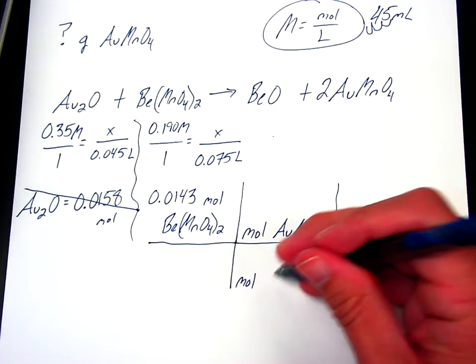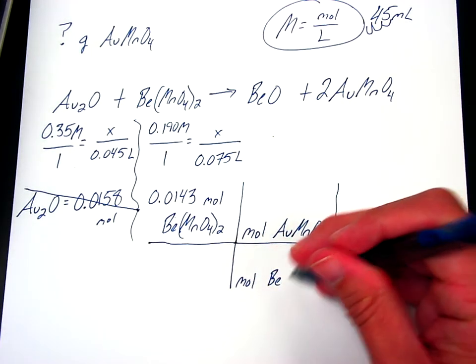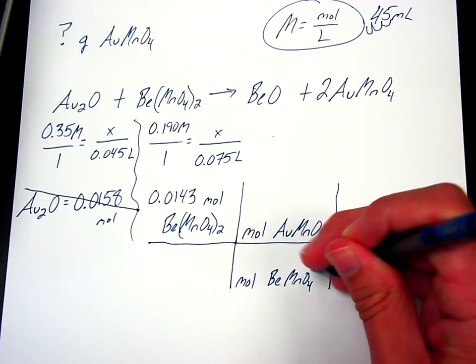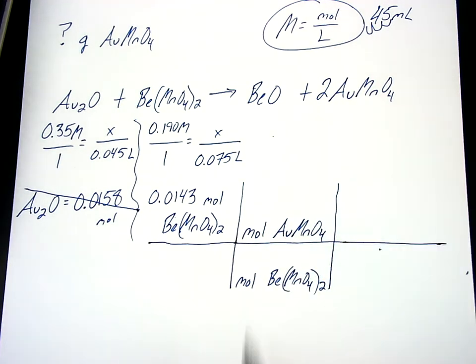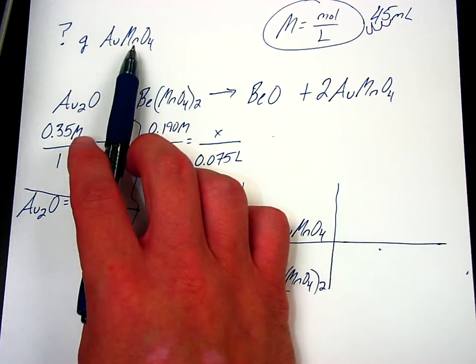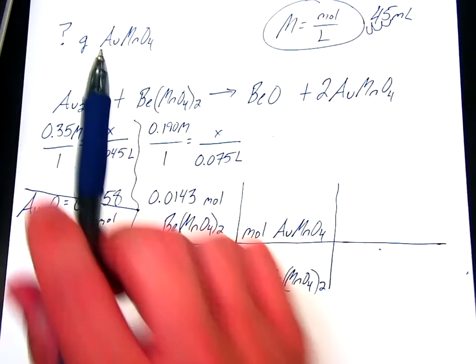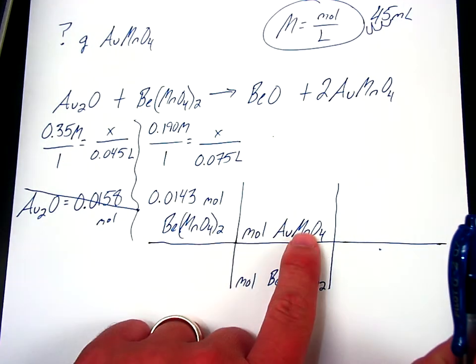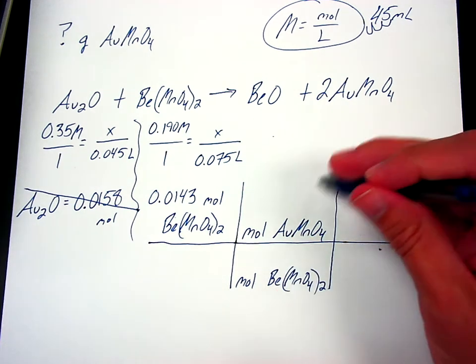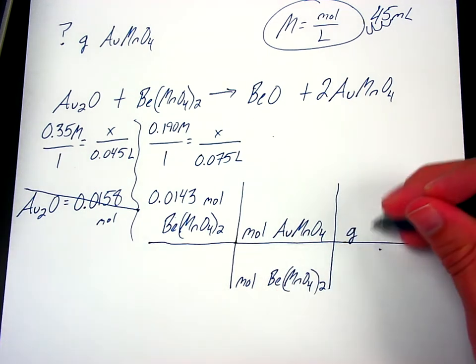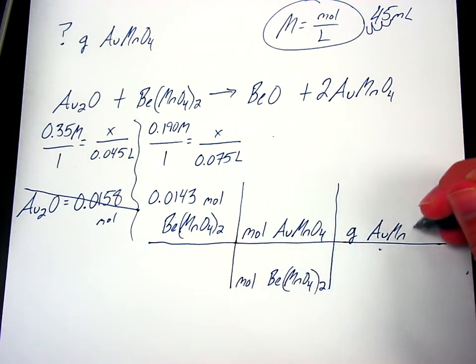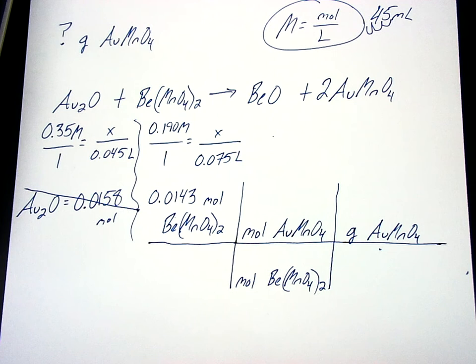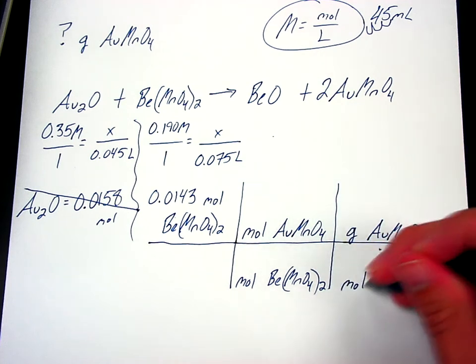So let's bring down the letters. And this would give us moles of the answer that we're looking for. However, we don't want moles, we want grams. So from moles of the unknown, we can go directly to grams of it. Make the diagonal match.